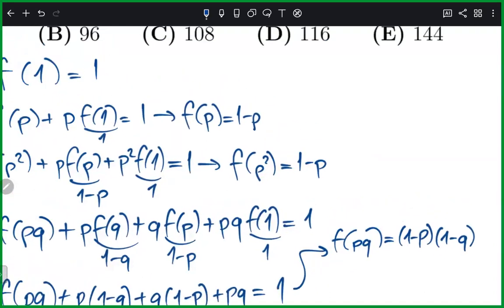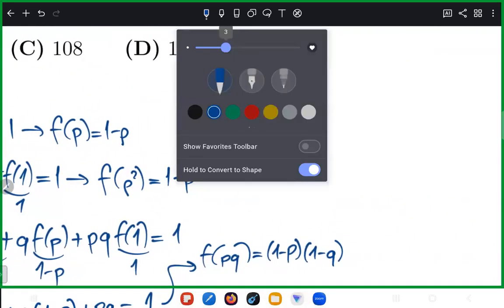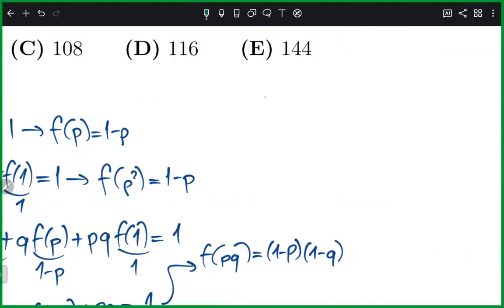Okay, and thirdly, I'm going to try n equals p squared times q.